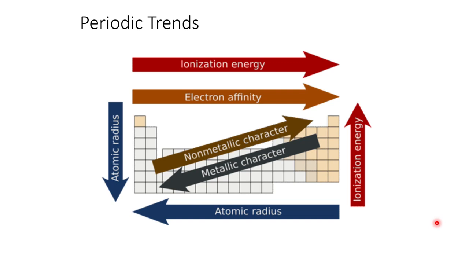But what I want you to be able to do is explain all of these trends using the electron orbital diagrams and explaining how you would interpret experimental data that explains the observations of these trends. Okay? So again, don't memorize, focus on the explanations. Thanks.